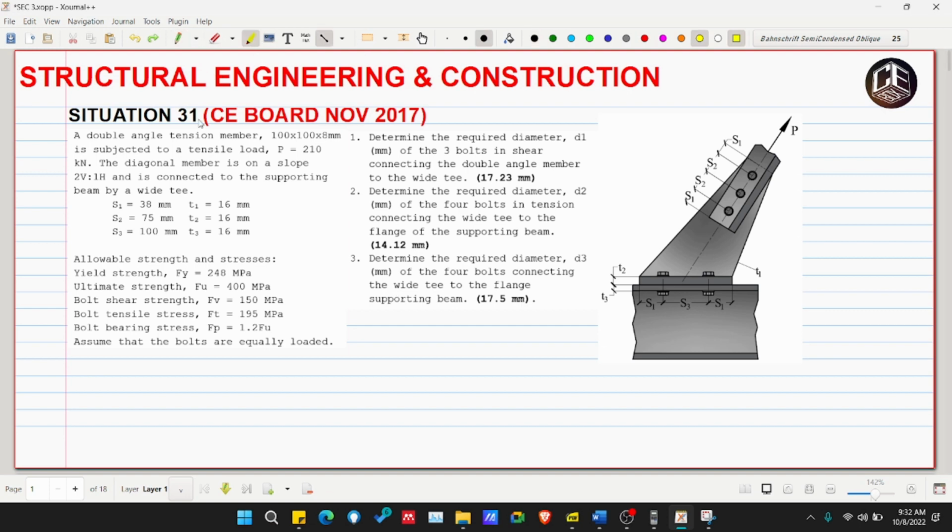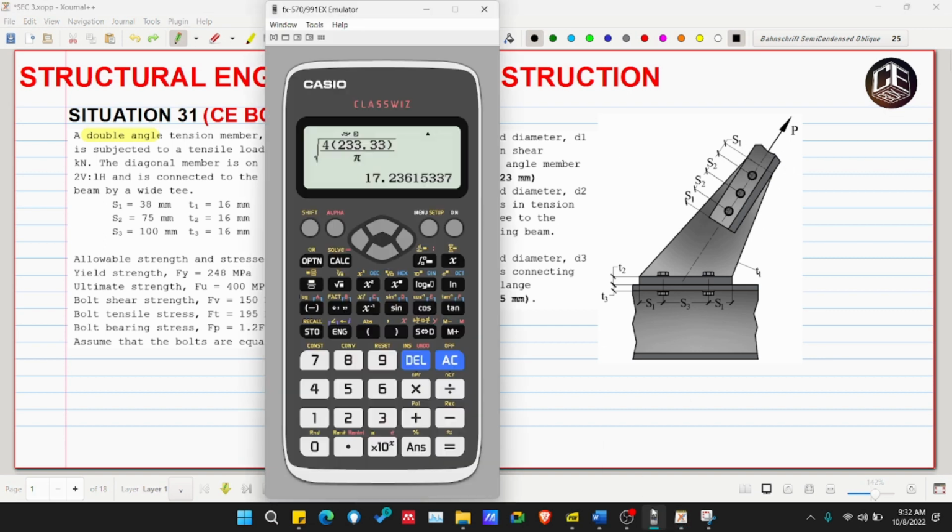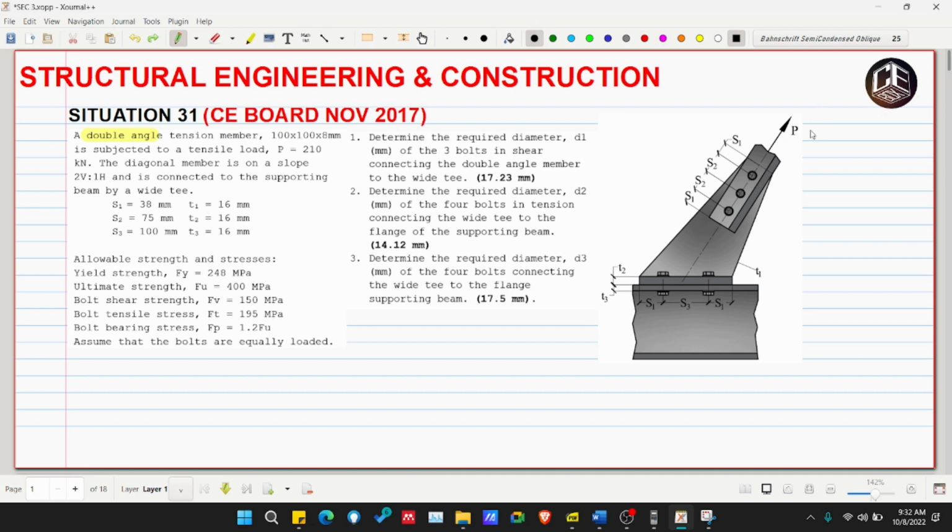So since ang nakalagay rito ay double angle, ibig sabihin dalawa yung angle na magsasalo sa ating P na 210. So, para sa isang angle bar, ang kanyang i-carry lamang ay 210 divided by 2. So, this is 105 kN.